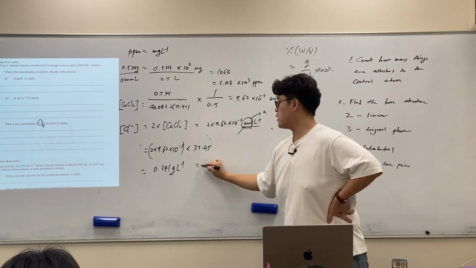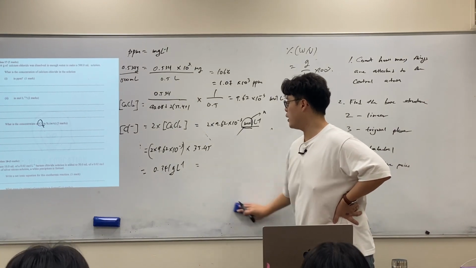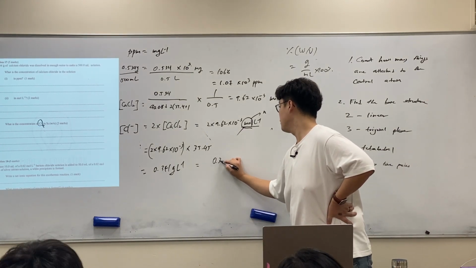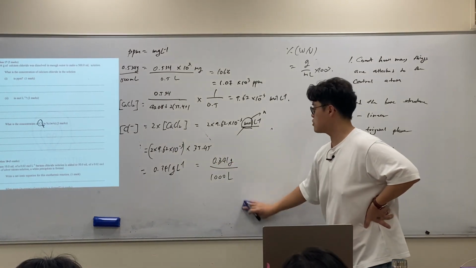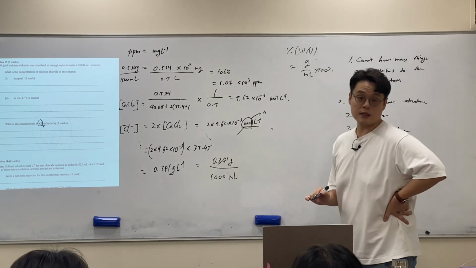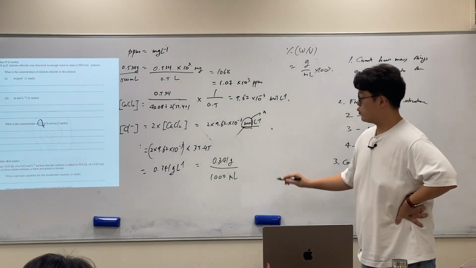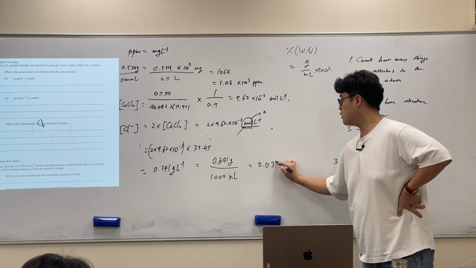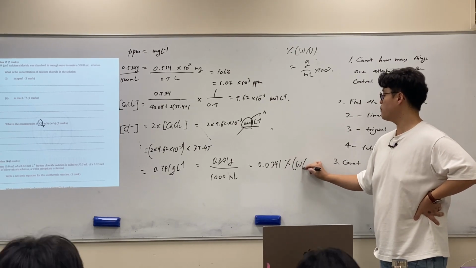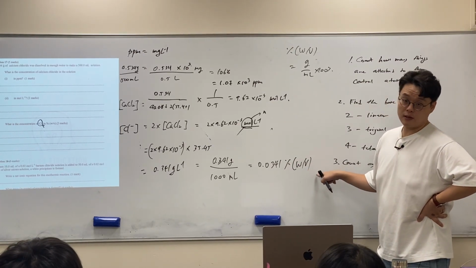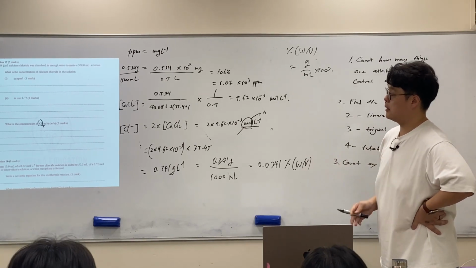So to convert that, this is the same as 0.341 grams on 1,000 milliliter, isn't it? Because 1 liter is the same as 1,000 milliliter. Then it will give you 0.0341% in weight per volume. Make sure you write that, the weight per volume, in your final answer. This is the answer for this question B.